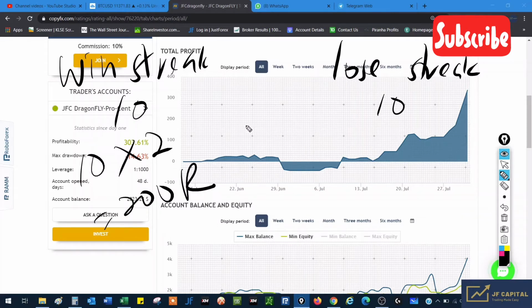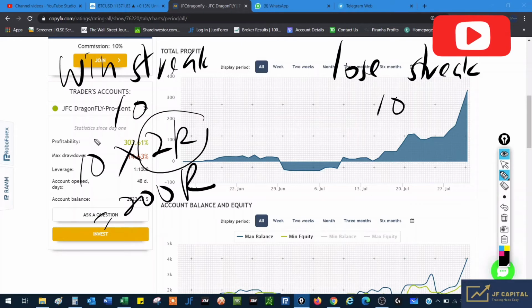Correct or not? For a win streak, I win 2R. And if I have 10 consecutive positions, so 10 times 2, I have, sorry, not 200, I have 20R.